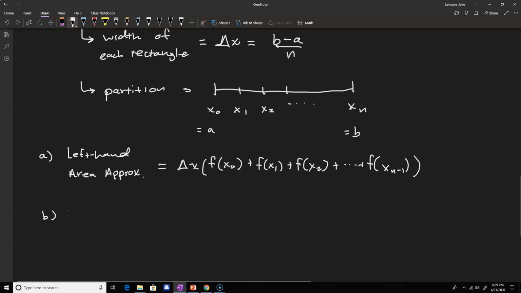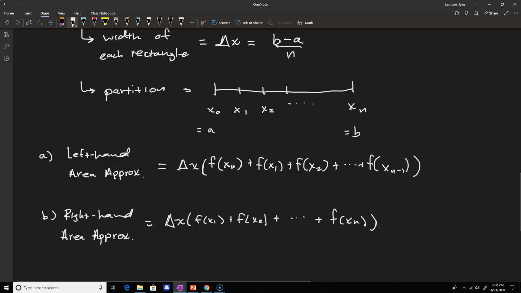And the right-hand approximation is going to be similar, but what happens is I'm not using f of x0 now, so I'm still using the same delta x, but I start at f of x1, and I go all the way to the end using the right-hand approximation. So I go all the way to xn.